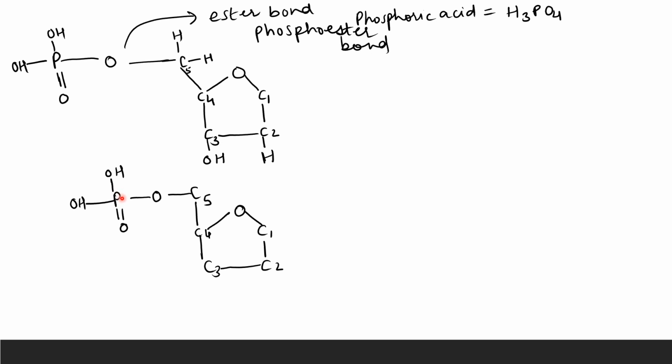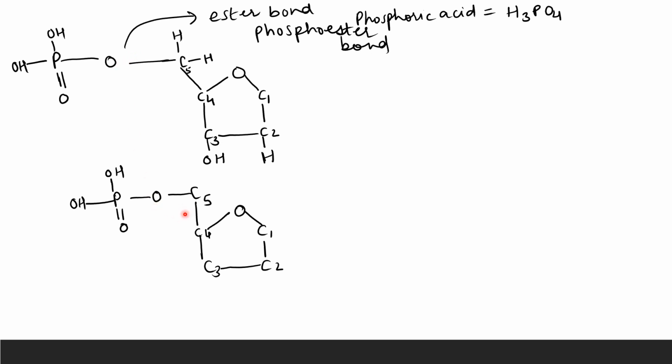One more time I'm explaining that we have two monomers, right? This is the first monomer and this is the second monomer. In the first monomer there is a phosphoric acid, and the reaction is occurring between C5 and a phosphate group, and the bond which is formed is the phosphoester bond.